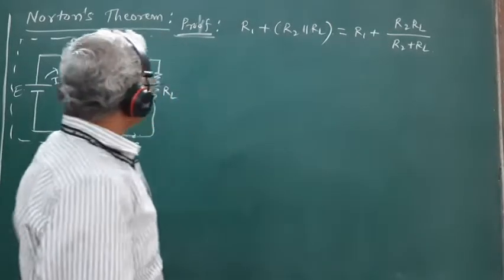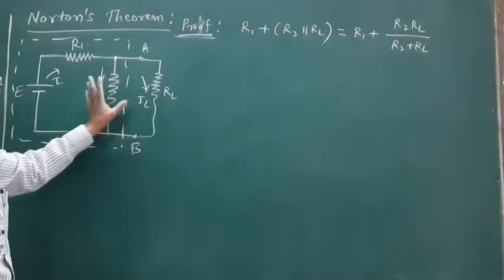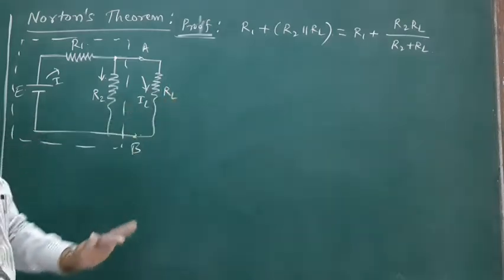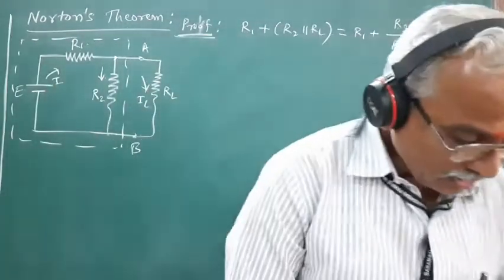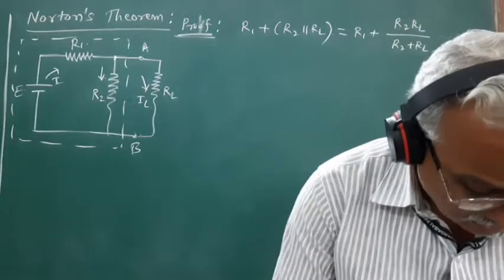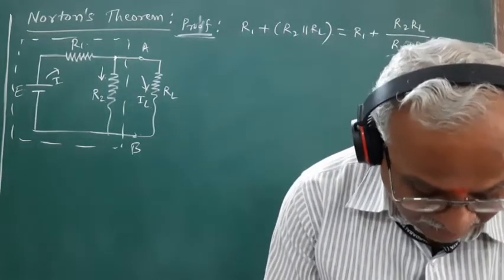The equivalent resistance of the parallel combination of R2 and RL is R2 RL upon R2 plus RL. So this is how we get the total resistance of this circuit.